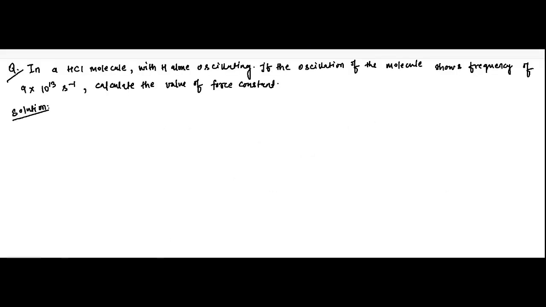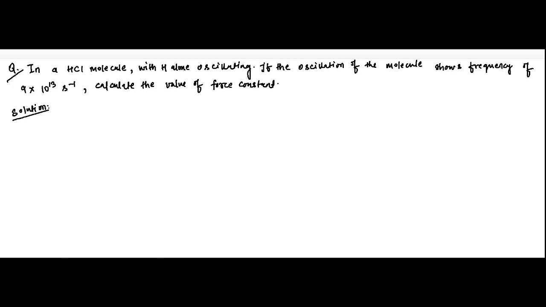So here is another question on simple harmonic motion. It is given that in an HCl molecule with only H oscillating, the oscillation of the molecule shows a frequency of 9 into 10 to the power 13 second inverse, or hertz.